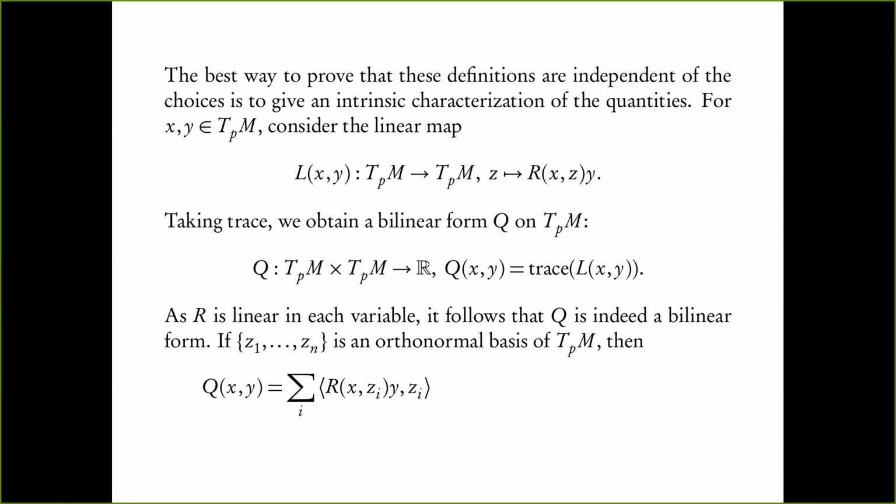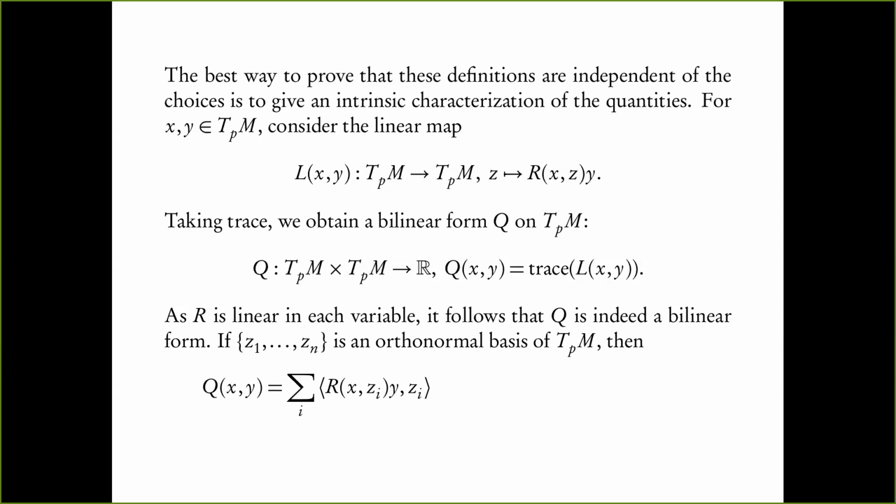Okay? So let's take an orthonormal basis of TpM, Z1, Z2, ..., Zn, and let's calculate Q of xy. So what should Q of xy be? So remember, Q of xy is nothing but the trace of the linear map given by L of xy. So if I have a linear map L from V to V, V an inner product space, how do I calculate the trace? Well, I basically choose an orthonormal basis V1 through Vn of V. I calculate L of Vi dotted with Vi, sum over i.